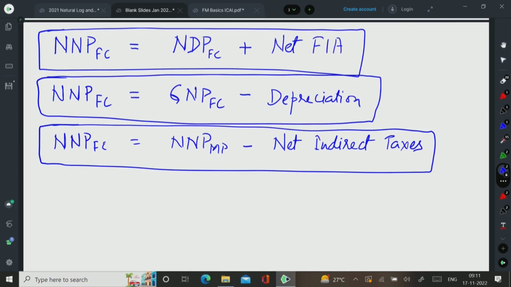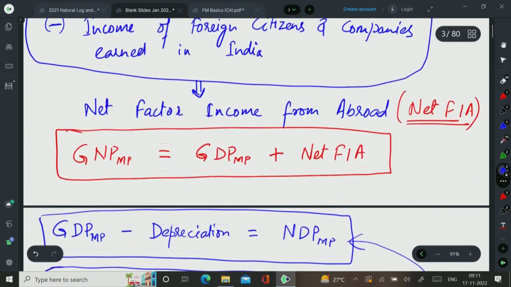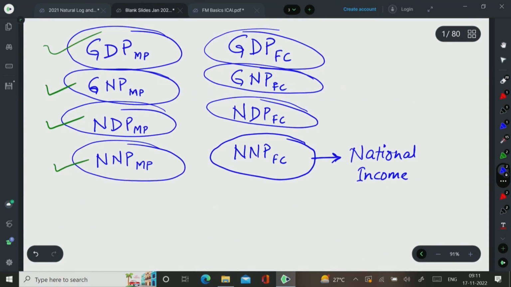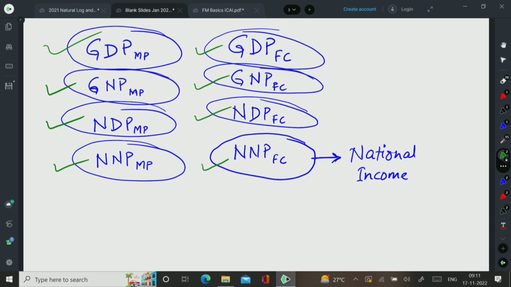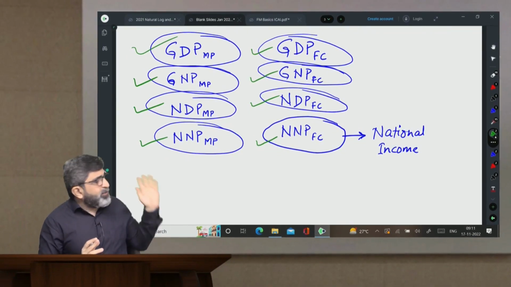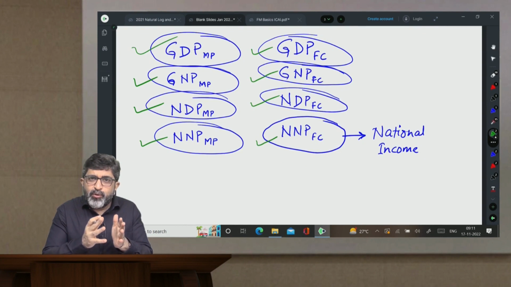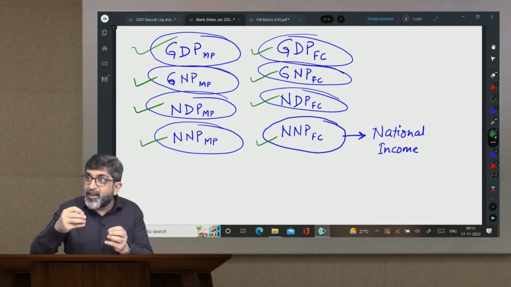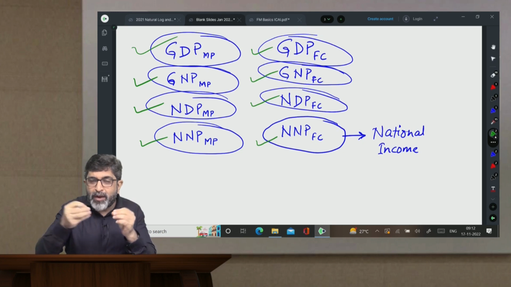Alright friends, once you have written this whole thing, let me take you back to the initial part. Just like a checklist, we have learned how to arrive at GDP at factor cost, GNP at factor cost, NDP at factor cost, NNP at factor cost. What I want you all to be very good at is that, with any of these 8 factors given to you and any of these 8 factors asked, you should know how to connect one with the other.